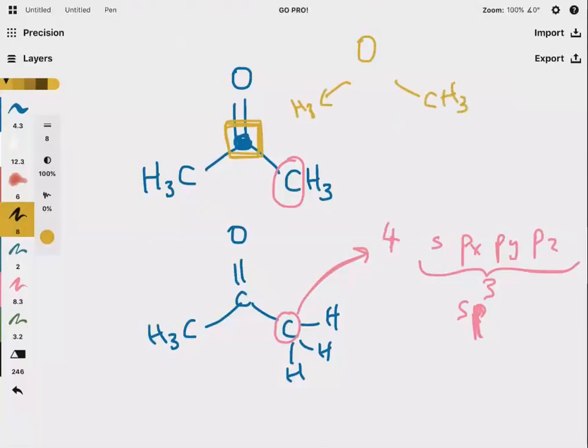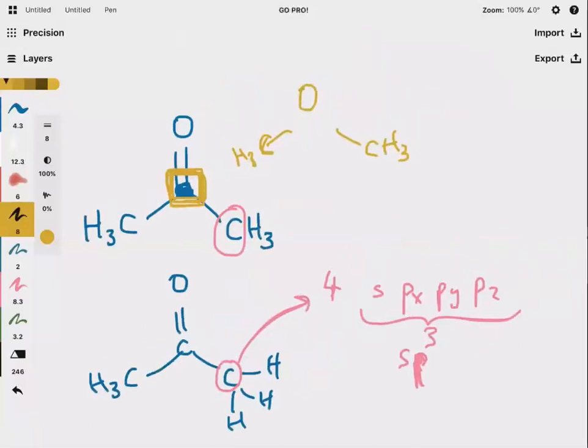Now it's double bonded to the oxygen, but that doesn't matter. All that matters is how many things are attached to our atom of interest. So even though there's a double bond here, all we're saying is that that carbon has 3 things attached to it.